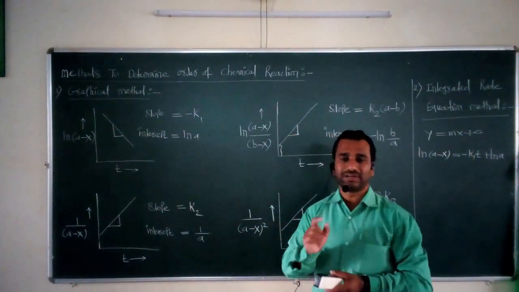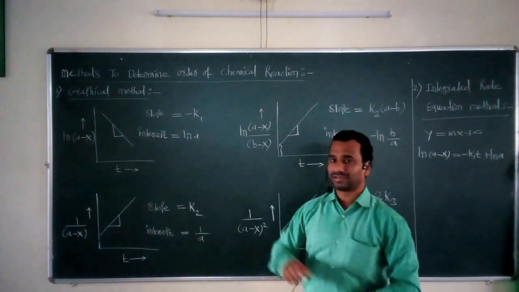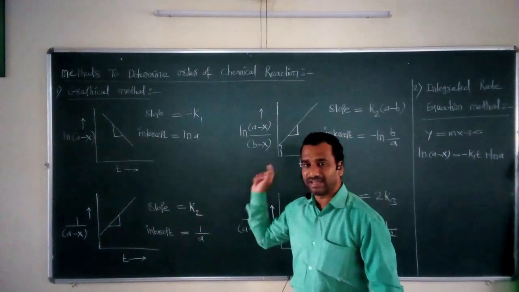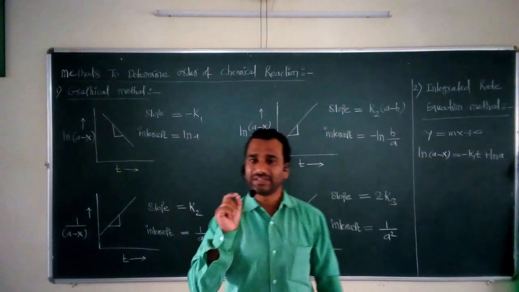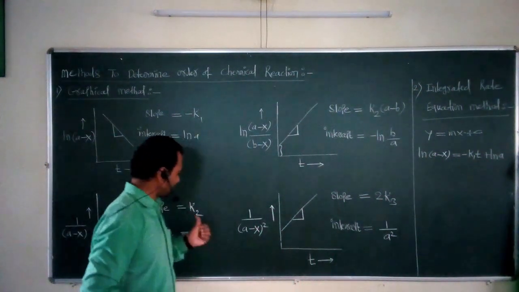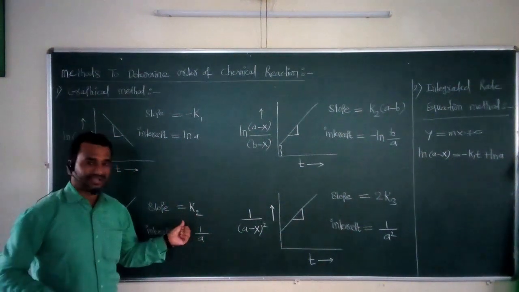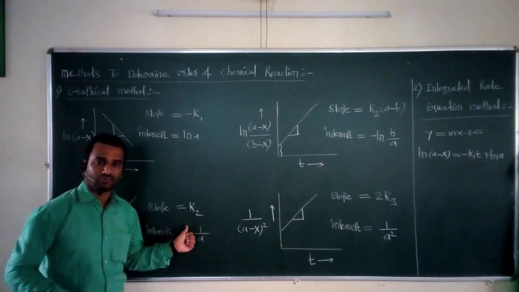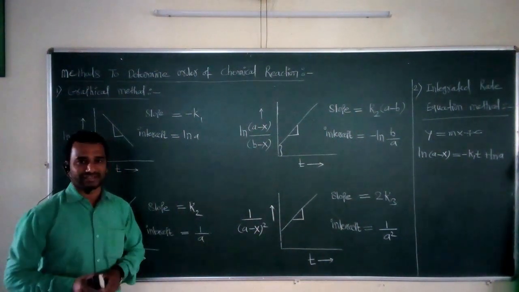But there is one small difference between this second graph and this third graph. Similarly, this is also for second order reaction, this is also for second order reaction. But the important difference is that if such a type of graphical representation is there, then we can say that this chemical reaction is second order reaction with equal initial concentration of reactants.